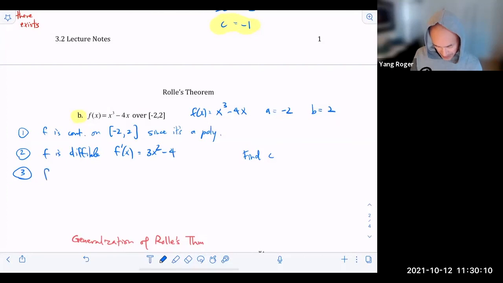And the third thing is if I take f of -2, I'm going to get -2 cubed minus 4 times -2. That's equal to 0.